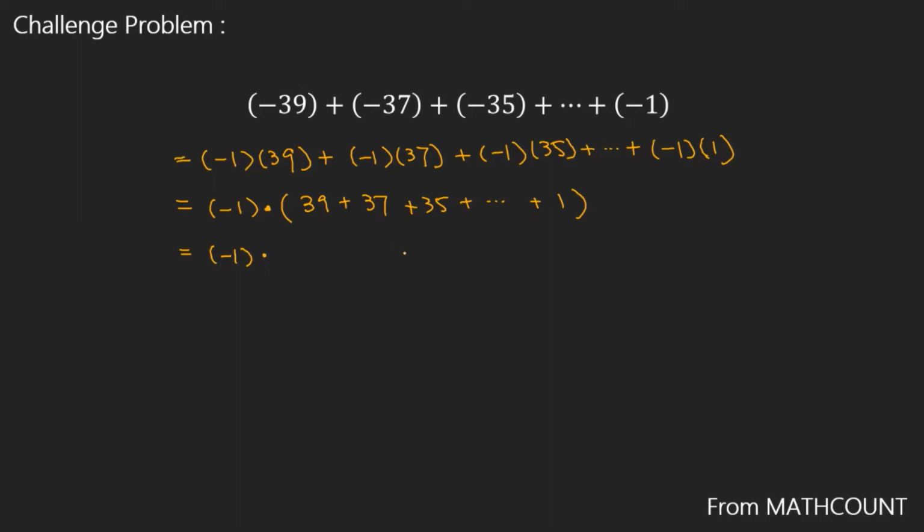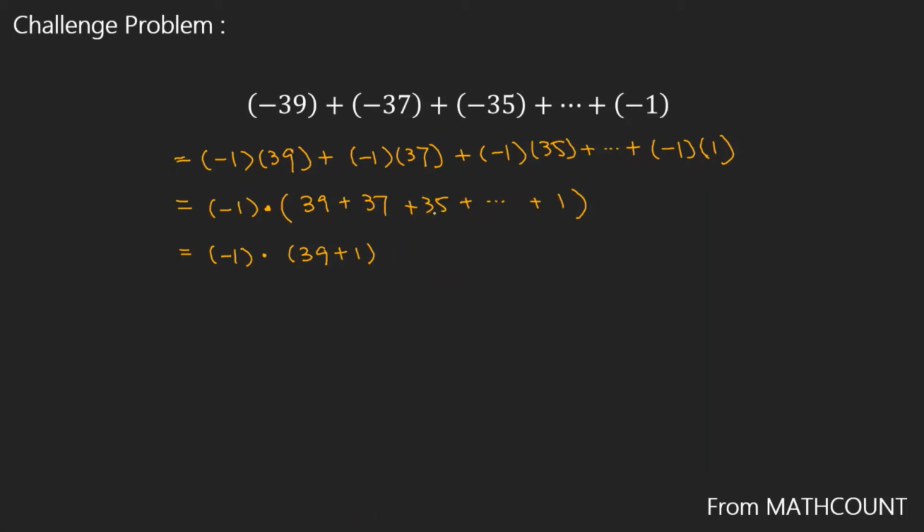So you can probably see a pattern: 39 plus 1 is 40. And the next pair is 37 plus 3, which is also 40, and so on and so forth. So 39 plus 1 makes a pair. And how many pairs are there? If these were consecutive numbers, 39, 38, 37, we would have 20 pairs.